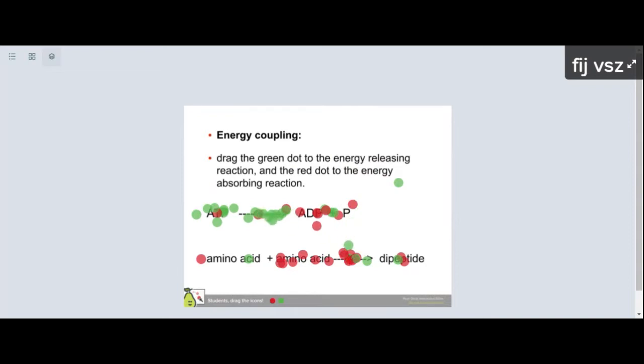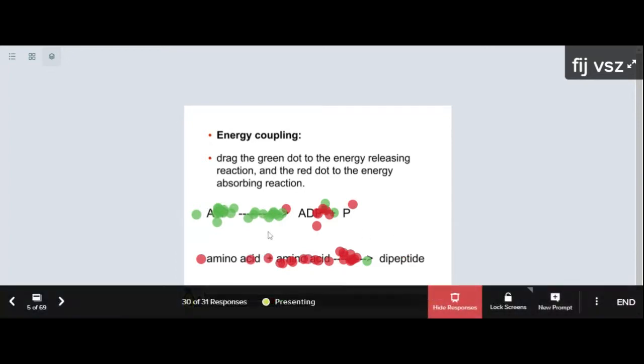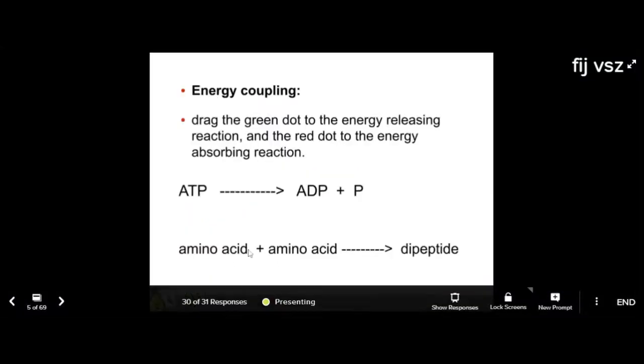So that's the ATP reaction, right? The ATP reaction is releasing the energy. Amino acids coming together should be the red dots. That's where the energy is being absorbed. Right? So green on ATP, that's releasing it, and red on the amino acids. And whoever's not moving around, I know you're not, but that's the answers. Okay, all right.